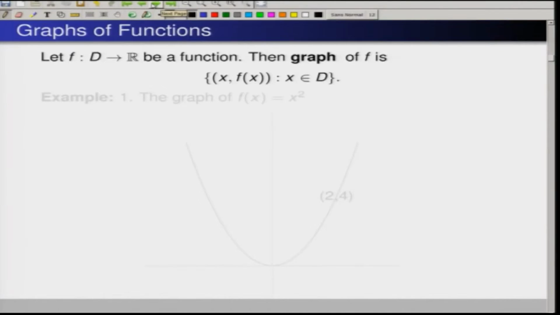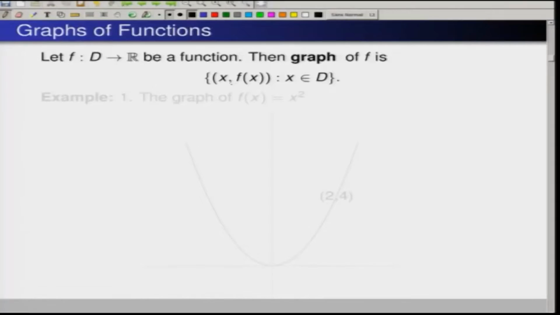So, let our function f be from D to R, where D is the domain. That means there will be some subset E such that f is a map from D to E. Here we are not saying that the range of f is R, the range of f is a subset of R. This is the meaning of this symbol.